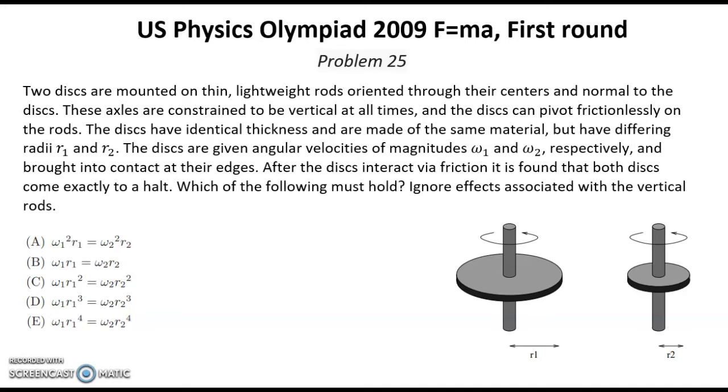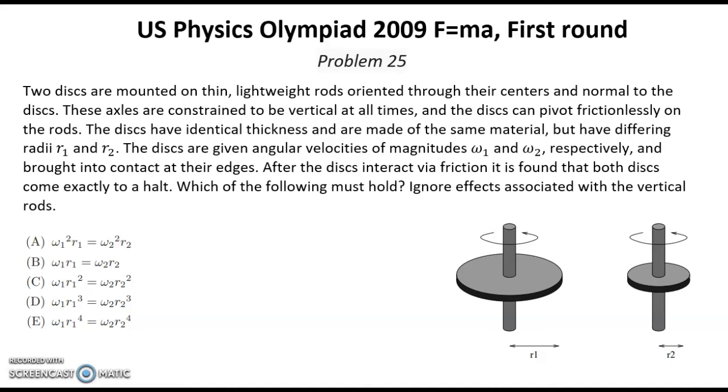Problem number 25. Two disks are mounted on thin, lightweight rods oriented through their centers and normal to the disks. These axles are constrained to be vertical at all times, and the disks can pivot frictionlessly on the rods. The disks have identical thickness and are made of the same material, but have differing radii r1 and r2.